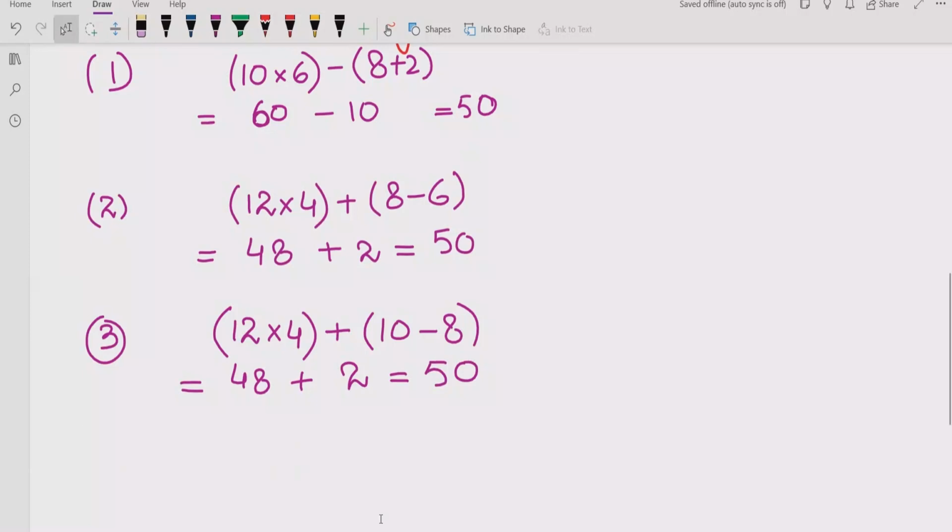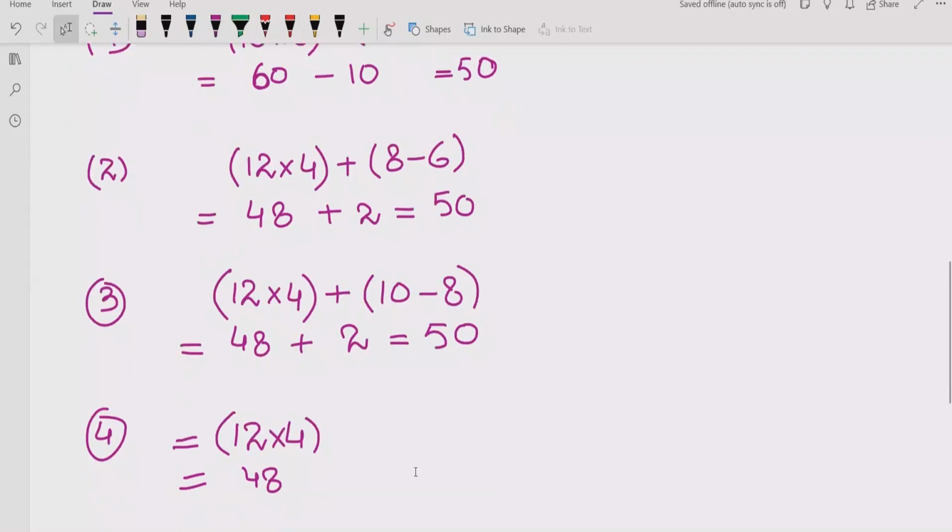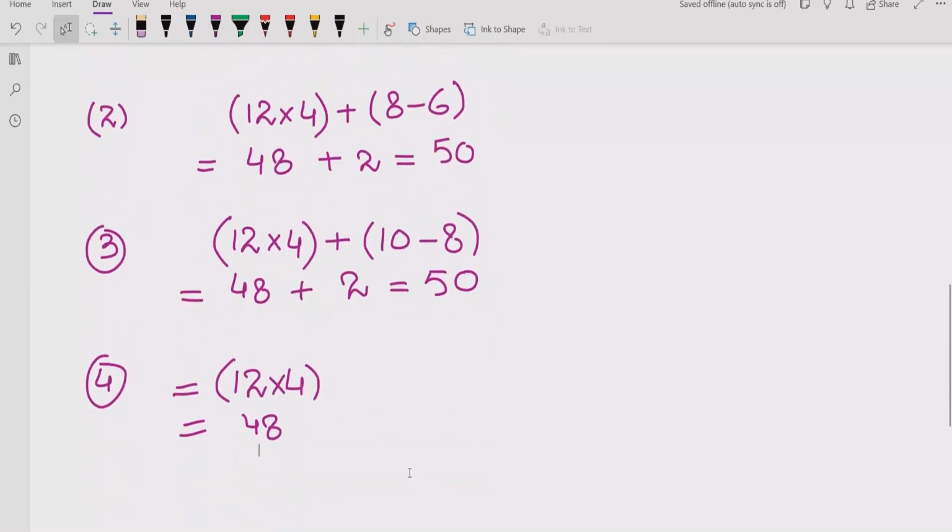Okay, now we apply the fourth mathematical operation. First we apply 12 multiplied by 4, which is 48. Now we have to get plus 2, but we cannot use the numbers from the above examples. First we do 8 divided by 2, which is 4, and minus that, and after that plus 6.